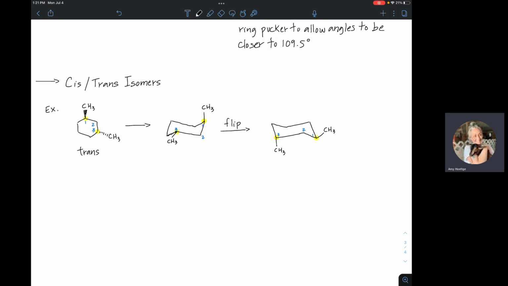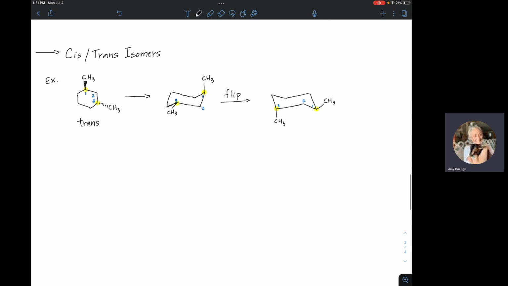Now, in this situation, it's not that big of a deal because you have two methyl groups. If you had two big groups and they were cis, or even if they're trans and they're just larger.